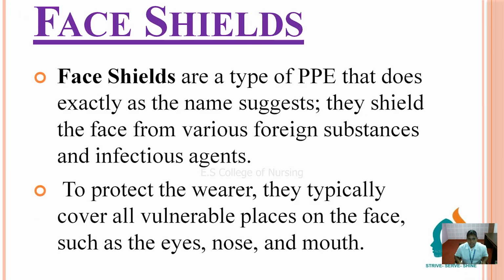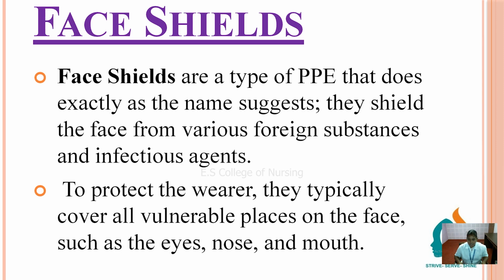And another one is the face shield. A face shield protects the face from various foreign substances and infectious agents. So this face shield protects the wearer. They typically cover all vulnerable places on the face such as eyes, nose and mouth.